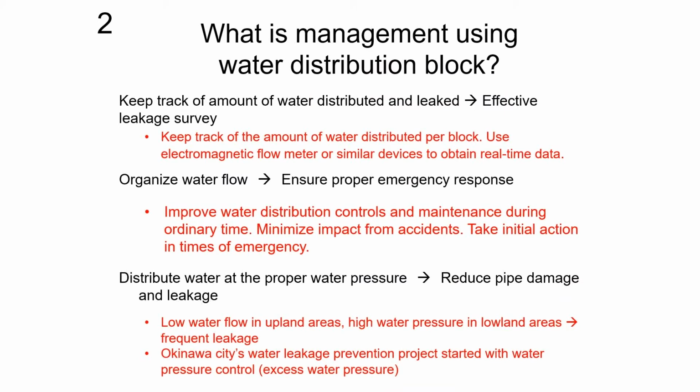Now, let me explain benefits of distribution blocks in detail. First, data obtained from flow meters enables effective leak detection. Flow meters are installed at the inflow point of each distribution block to measure the amount of water distributed.